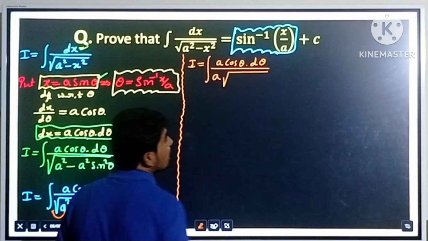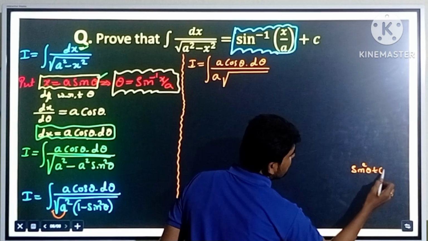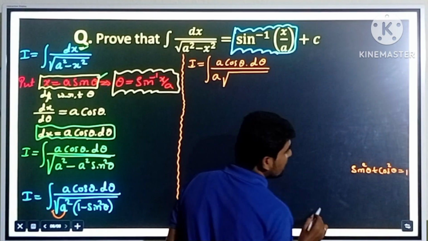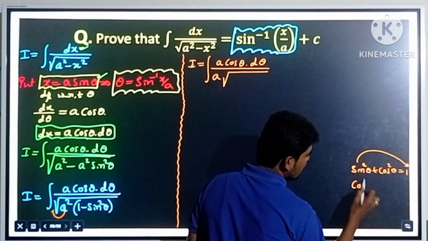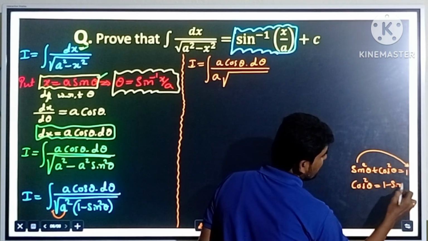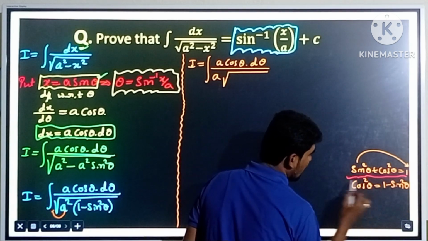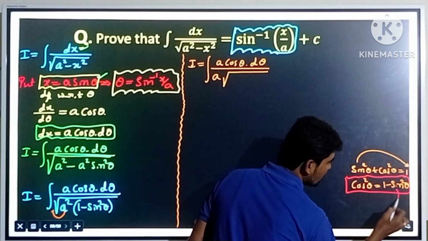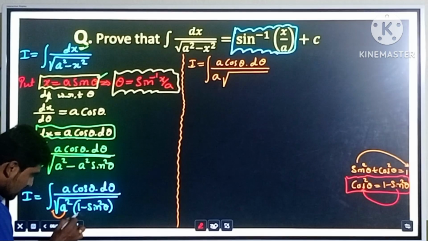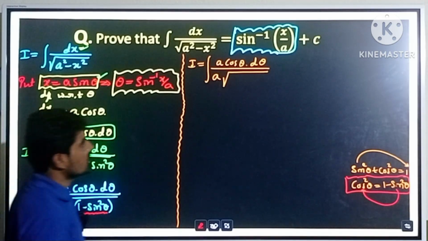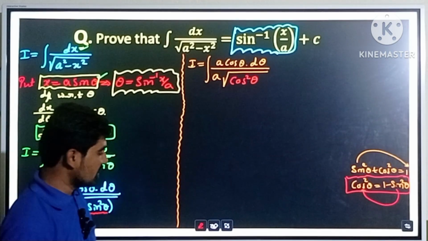By using the basic identity sin square theta plus cos square theta is equal to 1, if I shift sin square theta to the right side, cos square theta is equal to 1 minus sin square theta. So by using this identity, I can replace 1 minus sin square theta by cos square theta. I hope all of you are understanding.